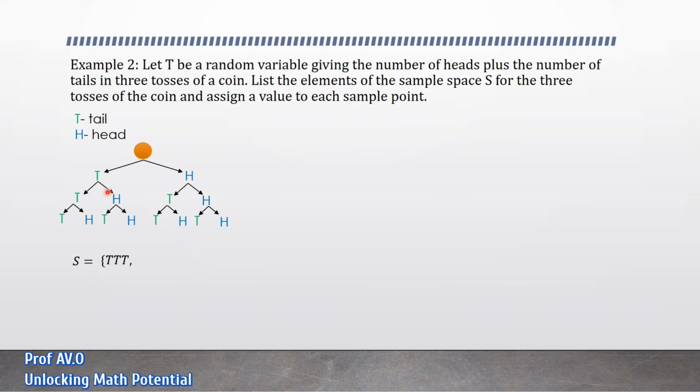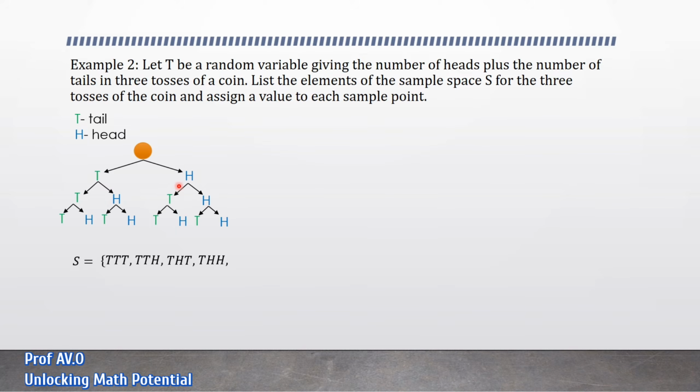Second outcome, we have T, T, H. Third outcome would be T, H, T. And then fourth outcome, we have T, H, H.